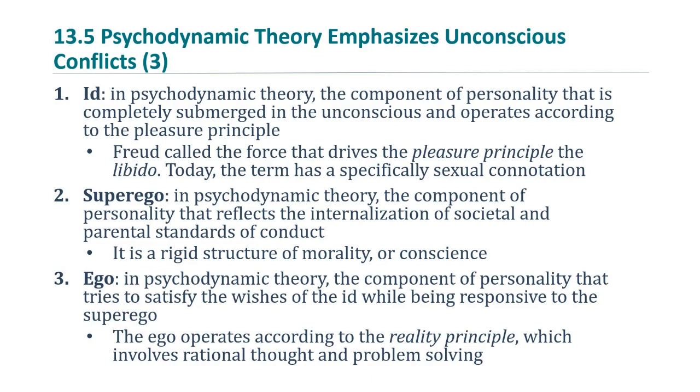The ego is the component of personality that tries to satisfy the wishes of the id while being responsive to the superego. The ego operates according to the reality principle, which involves rational thought and problem solving.